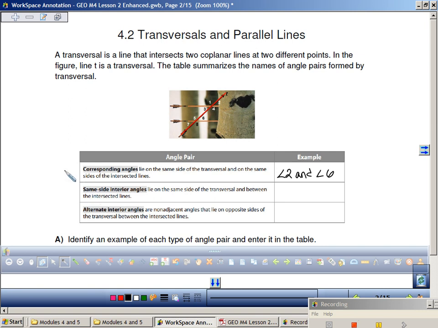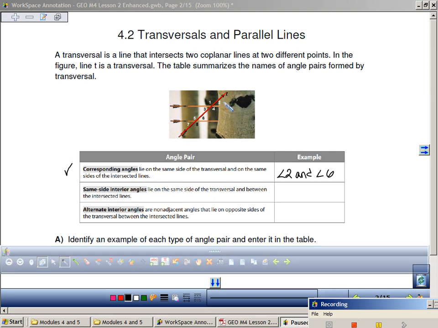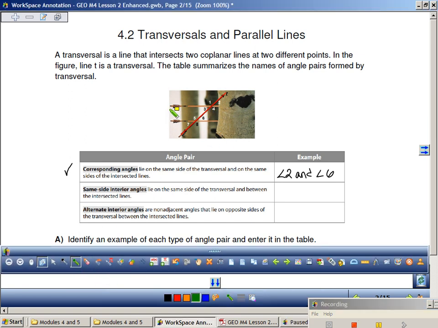Let's talk about, so that's corresponding. Now let's talk about same side interior. Same side interior is on the same side of the transversal, just like we were talking about before, but on the inside of these lines. So the inside of these lines is all in here. See how this is the inside?